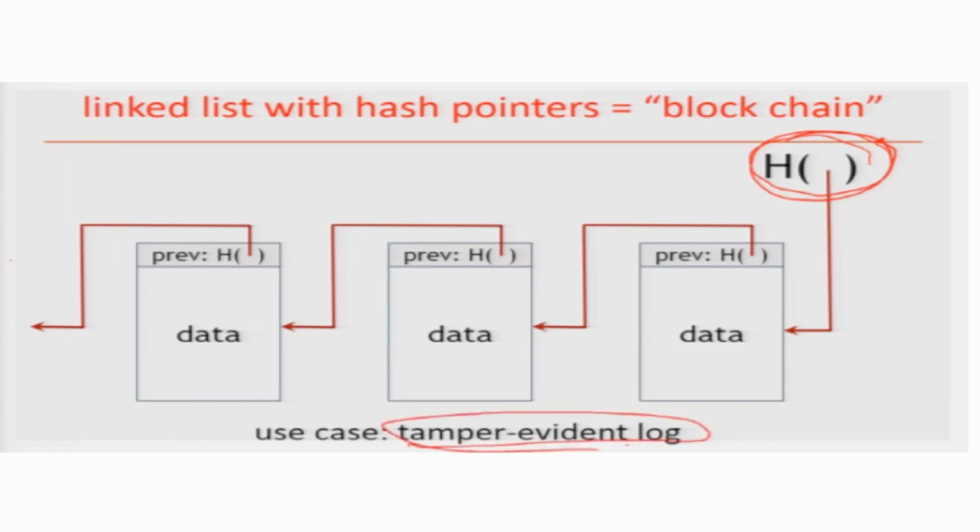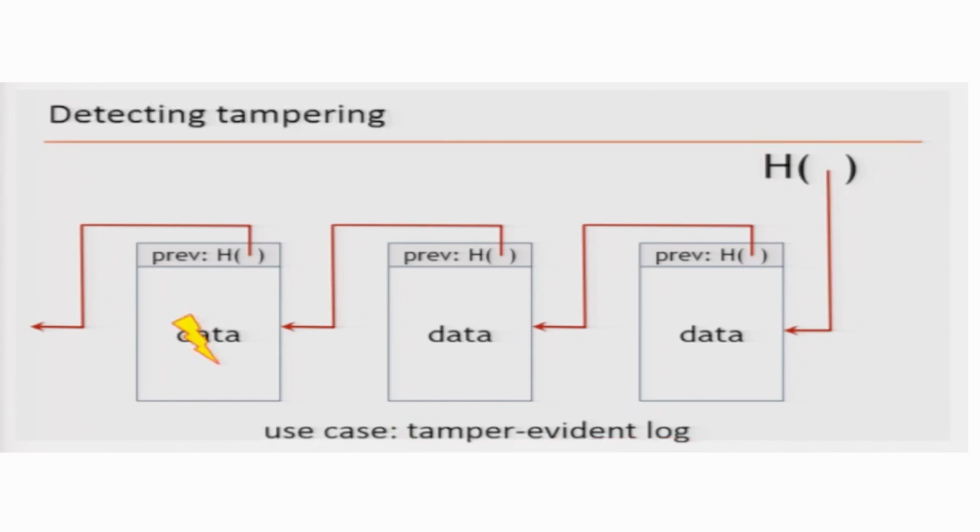Which means that if somebody has tampered with any part of this structure, whether they tampered here or here or here, it should be easily revealed by anybody who wants to check. How does that work? Suppose somebody goes and changes some data here, adds or deletes or changes some value.